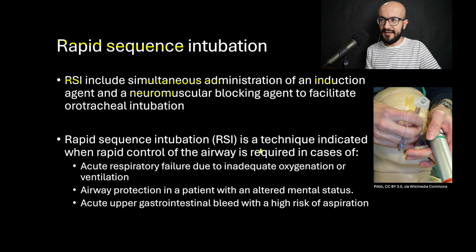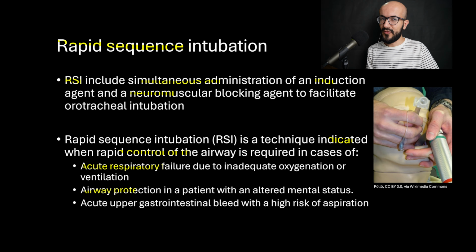The RSI is a technique indicated when rapid control of the airway is required in cases of acute respiratory failure due to inadequate oxygenation or ventilation, and in cases of airway protection in patients with altered mental status.